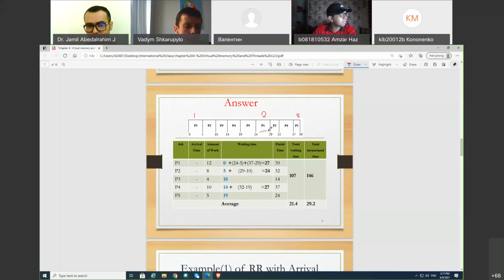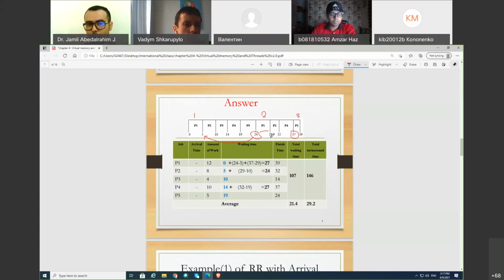The start time of the second period, 24, minus the waiting time. We wait because P2 has interrupted P1. So P1 was waiting from 5 units.